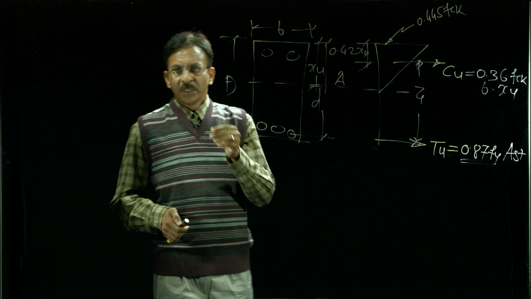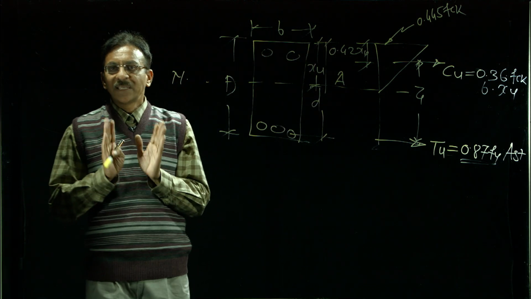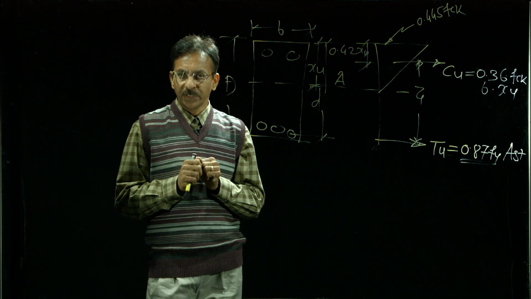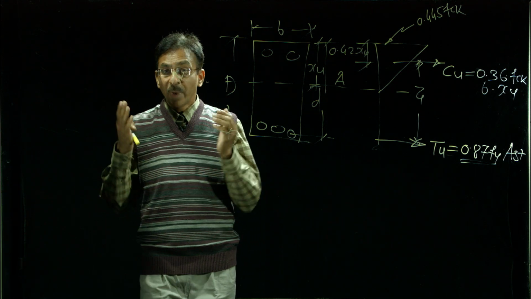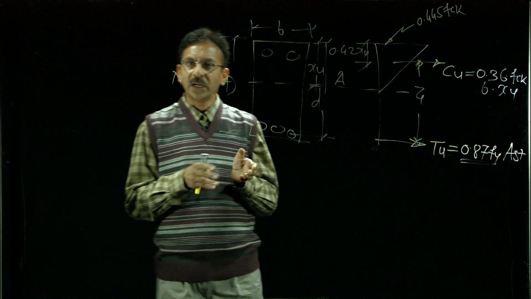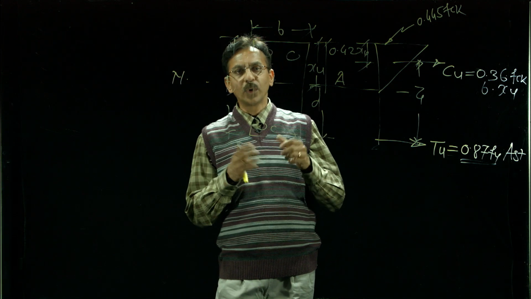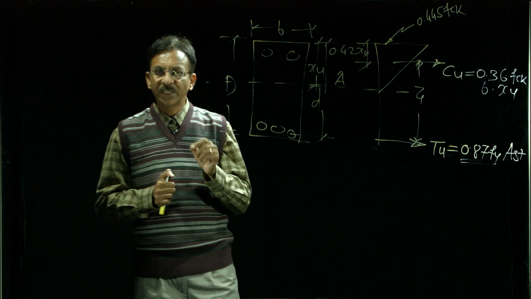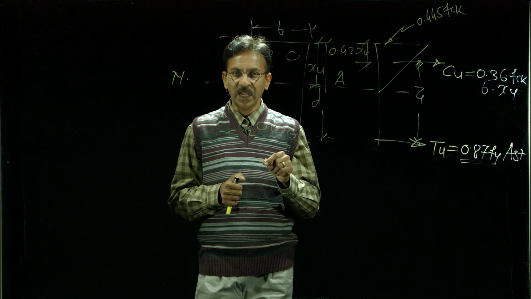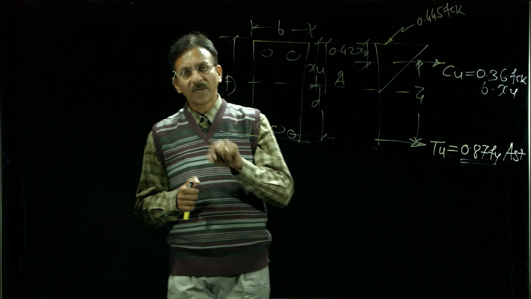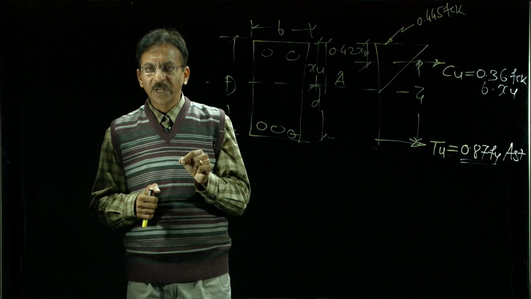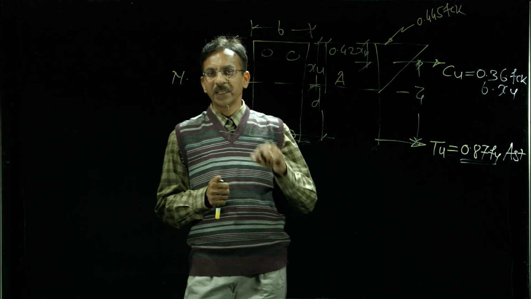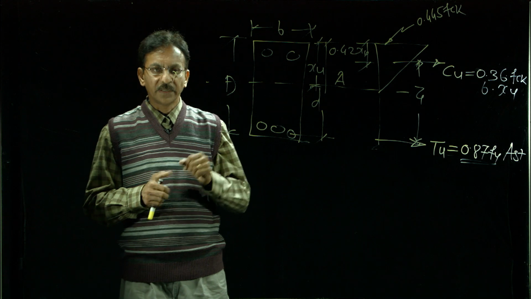For this we can design three categories of sections: balanced section, under reinforced section and over reinforced section. In an under reinforced section, the stress in steel is attained first and then concrete, and vice versa. In an over reinforced section, the concrete stress is attained first and then steel, right.